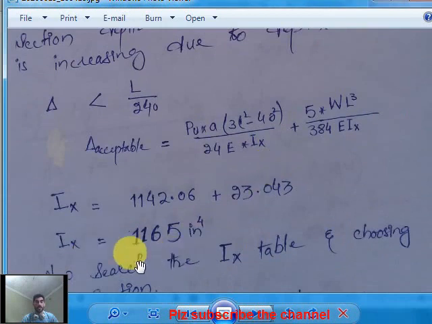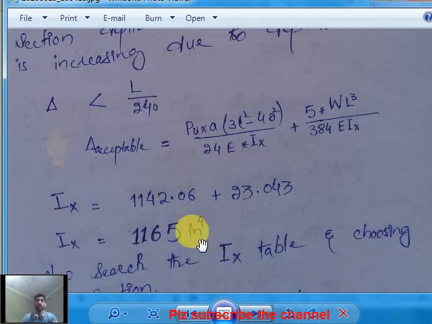Now I need to go to the table, that is the IX table, and I have to search for such a section having a moment of inertia this much. If I choose my section on the basis of this moment of inertia, it will pass the deflection criteria, and obviously almost all the time it will pass the first criteria, that is your moment capacity.